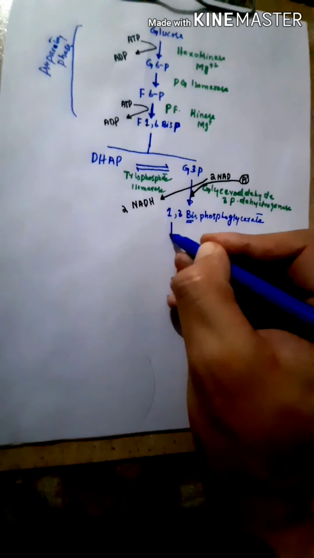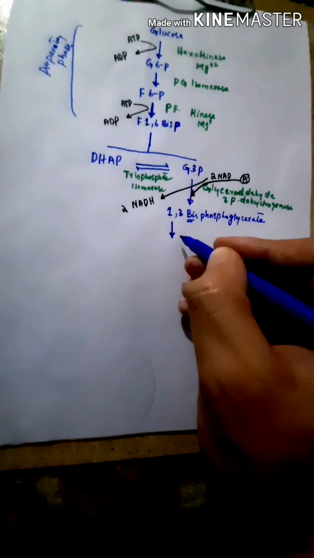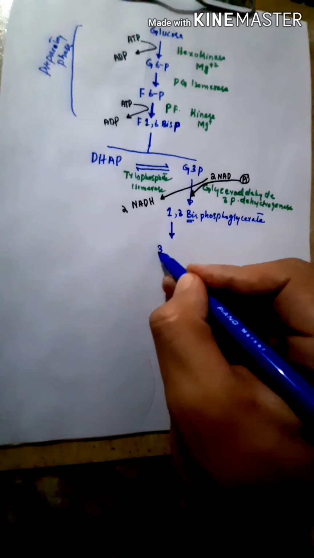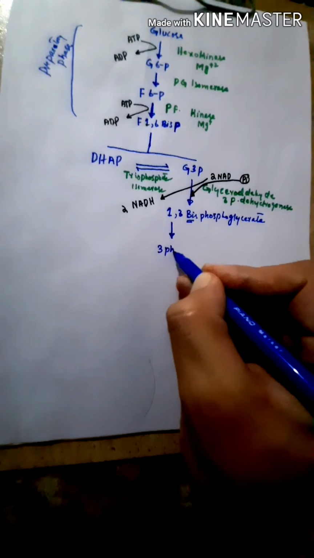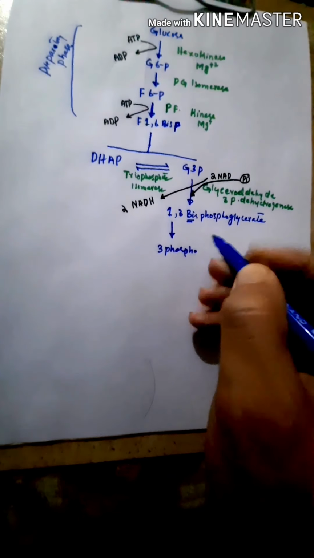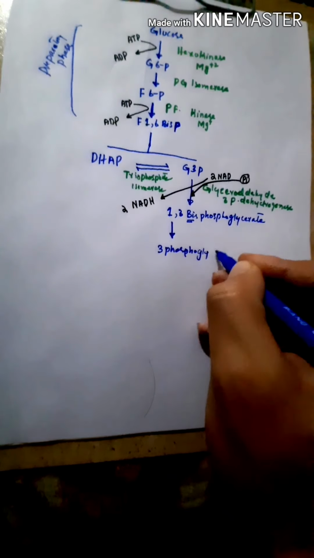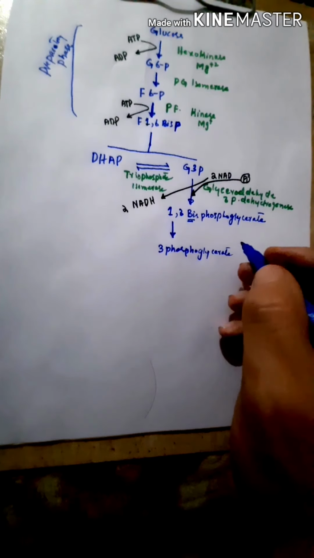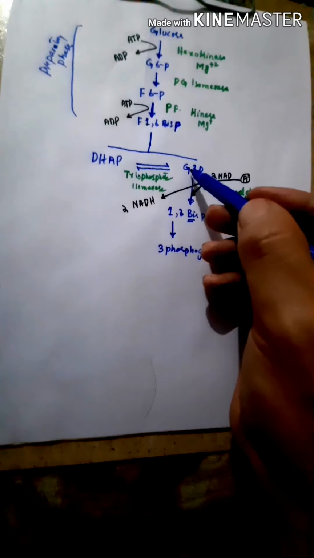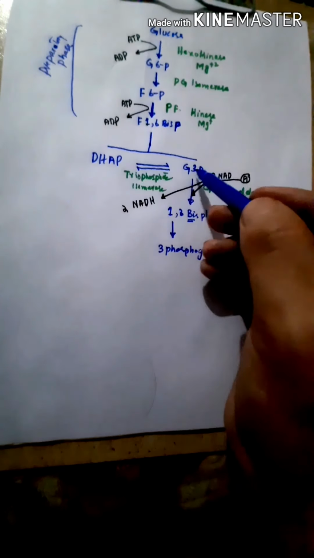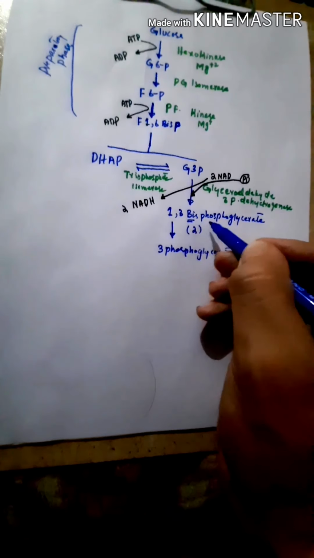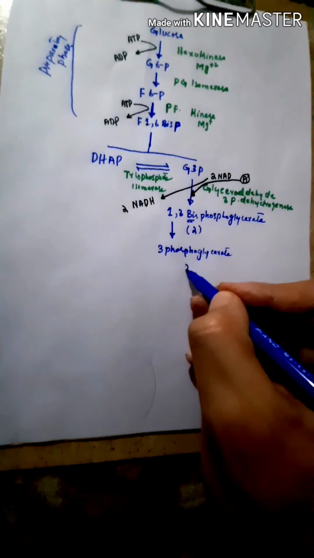This 1,3-bisphosphoglycerate molecule is converted into 3-phosphoglycerate. As we know, 2 G3P molecules are present, so these are also 2.